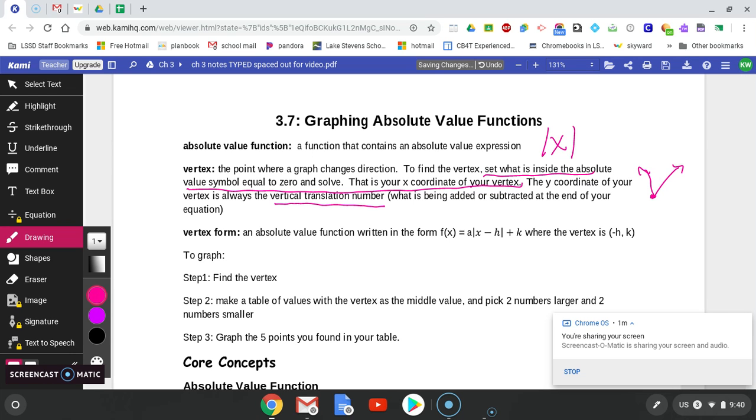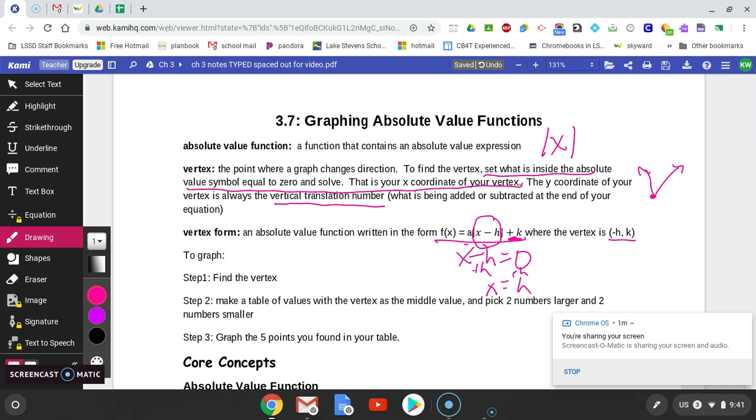Okay, so if I'm given my absolute value equation in this form, I'm going to set what's inside the absolute value equal to 0 and solve it. That'll give me the x-coordinate of my vertex. So I would add an h over, which means that x is h. And then k, my vertical translation number, is always going to be my y-coordinate.